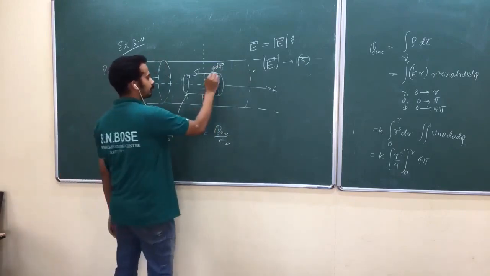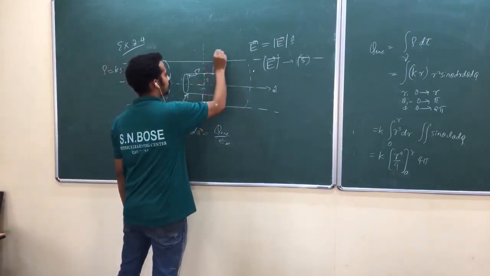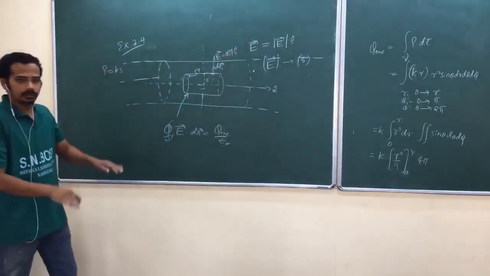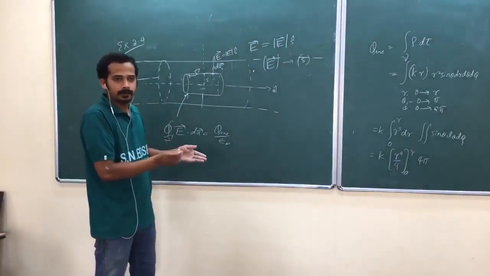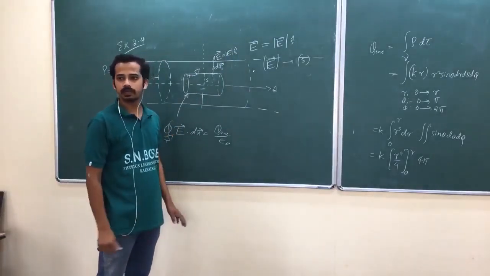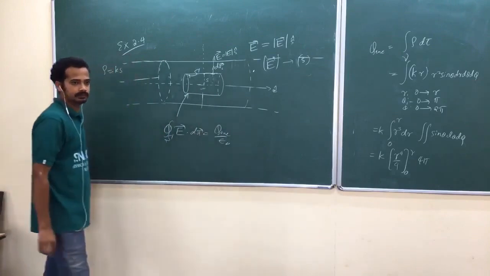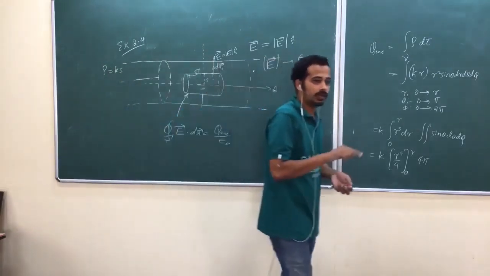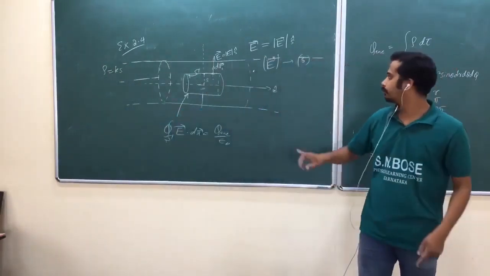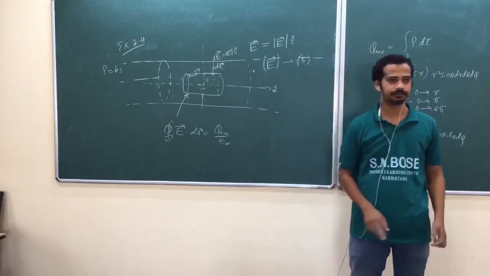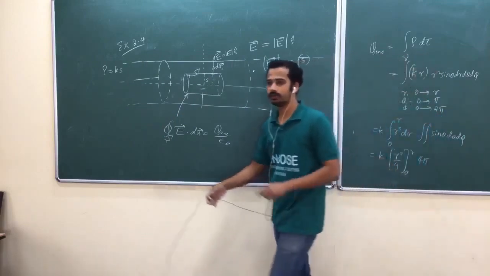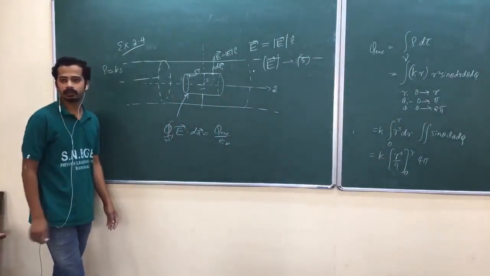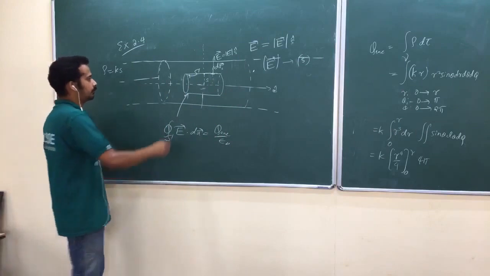If you take any point, the electric field is also along s cap. Throughout that curved surface, the electric field and your area vector are both along the same direction. And throughout that curved surface, you are at the same distance from the axis, and the electric field depends only on the distance from the axis. That's why the magnitude of the electric field is the same throughout that curved surface. So now what about this end surface?